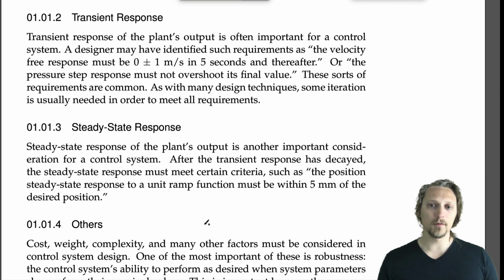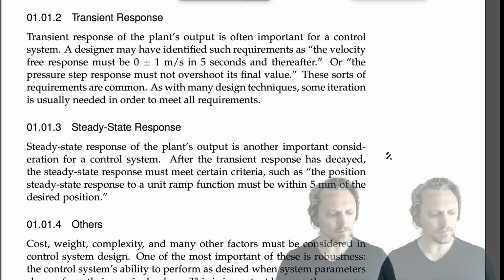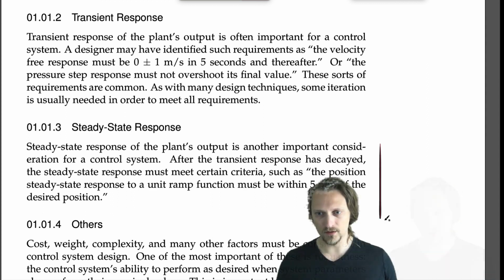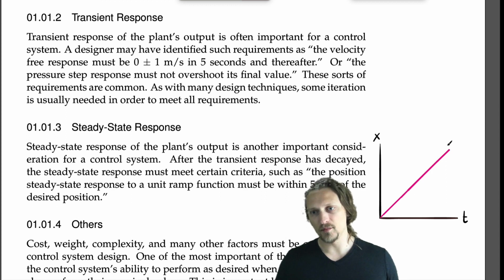Okay, so the idea is that in this case, maybe we have a system with a time response and a position response. And first we'll put in, this is what our command looks like, which is that we want the position to be like that.